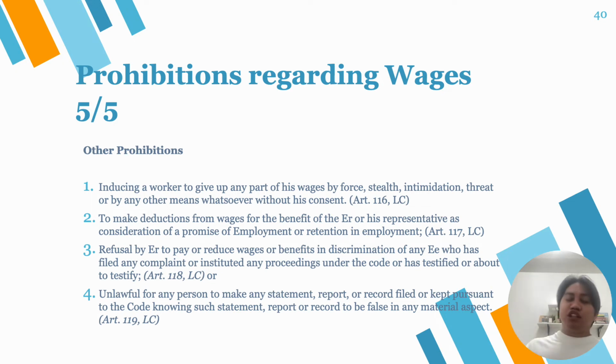Those are factors that made it illegal to make deductions from wages for the benefits of the employer or his representative as a consideration of a promise of employment, meaning the employer promised you of employment, but a part of your first month's salary will be retained and will be given to the employer or someone else's. That particular reward for you to be hired should not come from your salary, but it's more of like a separate scheme by the employer.